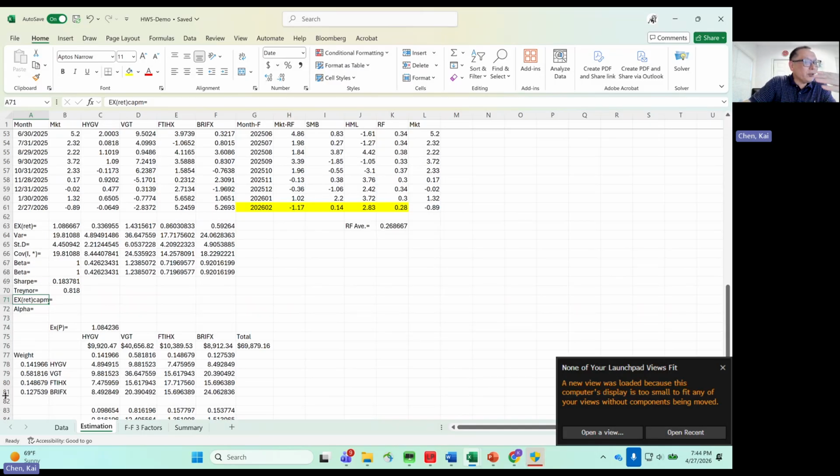I use CAPM to calculate the expected return. This is the expected return that reflects the market risk factor, right?